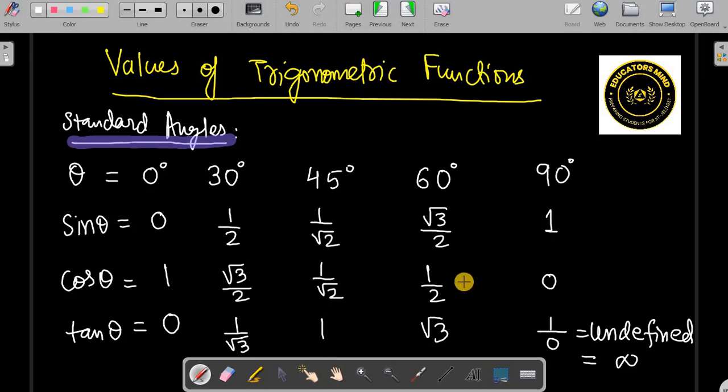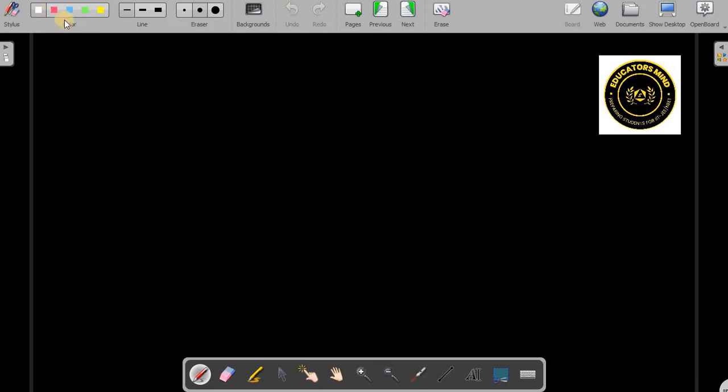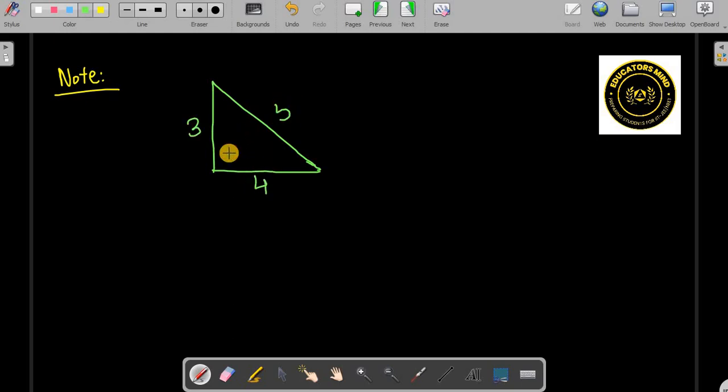But besides this there are a few angles, for example 37, 53, that we should also know, which are going to be useful. Note here that if you take a triangle whose sides are in the ratio 3:4:5, 3, 4, 5 is a right triangle.